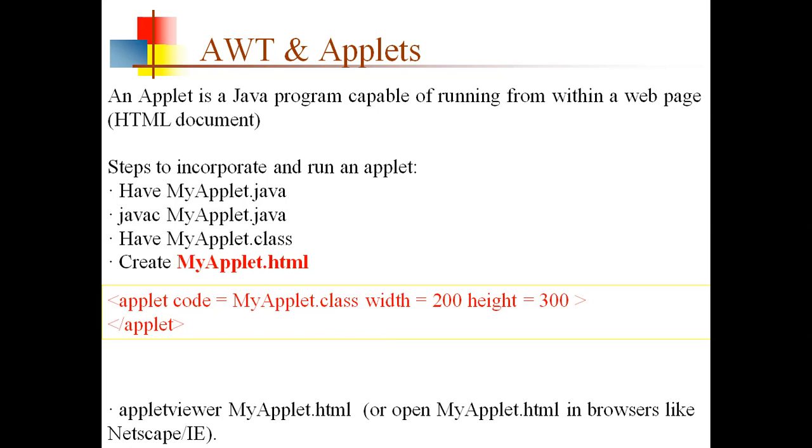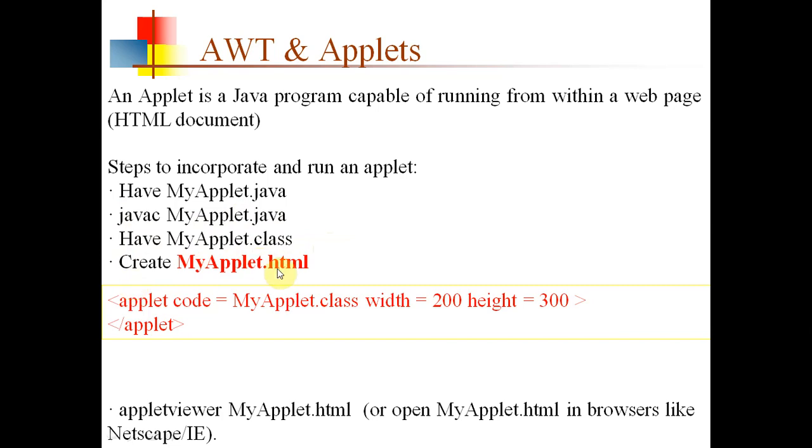So the steps are, first of all we have to create a file, suppose the name of the file is myapplet.java, and then we compile it with javac myapplet.java, and it will be converted to myapplet.class.